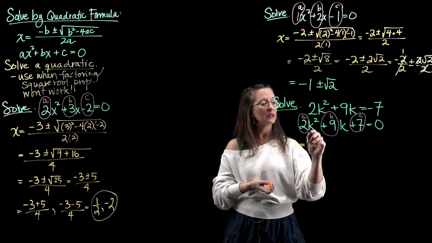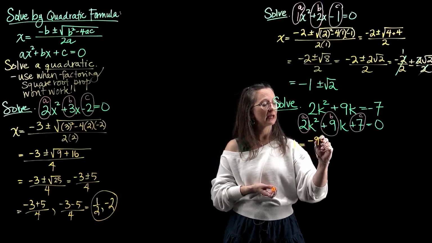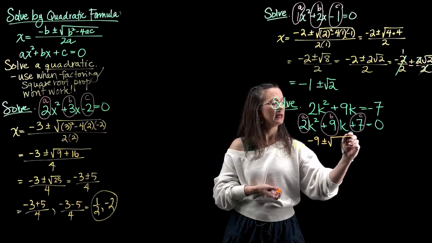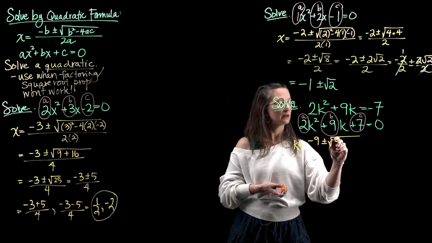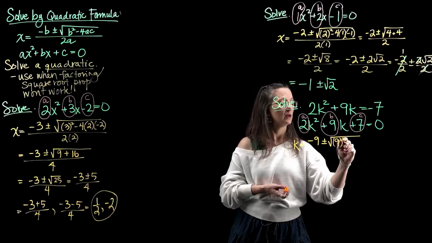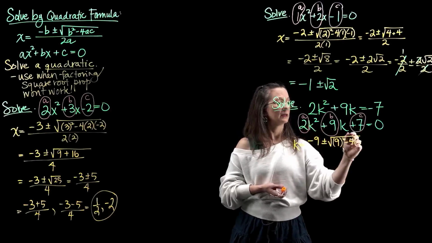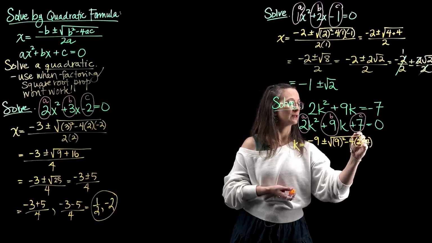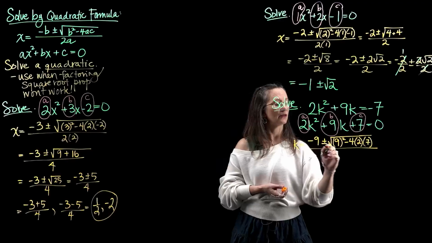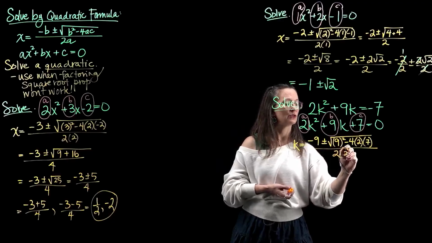All right, so k is equal to negative of b, so -9 plus or minus the square root of b squared, so 9 squared, minus 4 times a, which is 2, times c, which is 7, all over 2a, so 2 times 2.